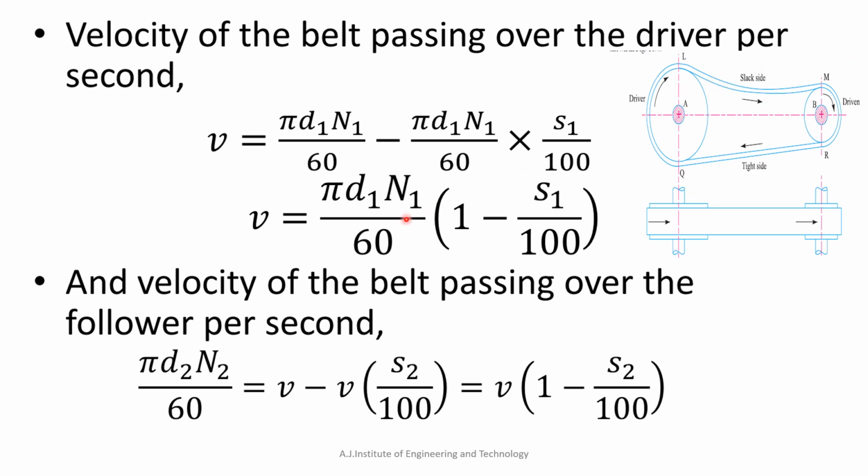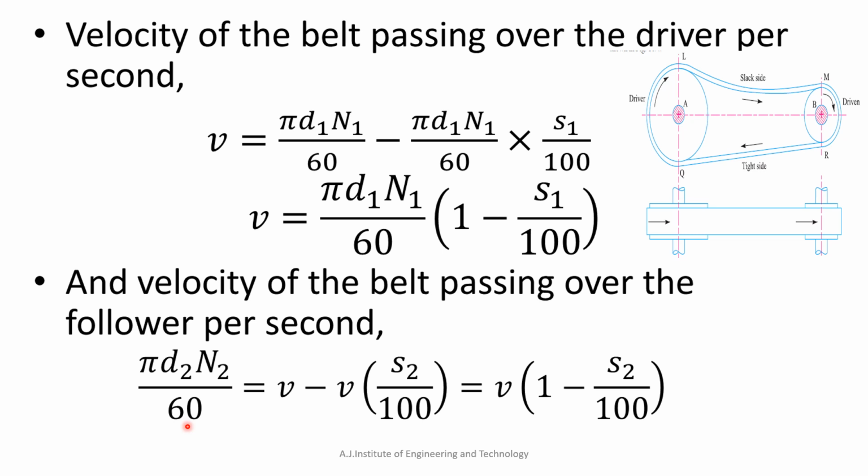Then the same velocity is transferred to the follower. While transferring, S2 percentage loss happens. How can we calculate the velocity of the belt passing over the follower per second? The actual speed of the follower or driven pulley is pi d2 n2 divided by 60.